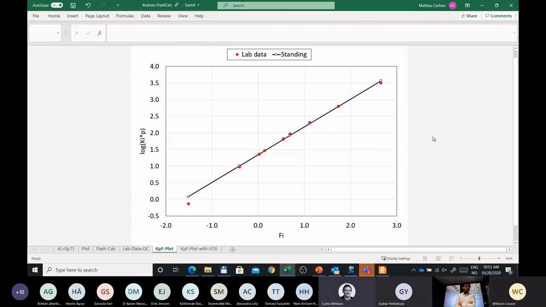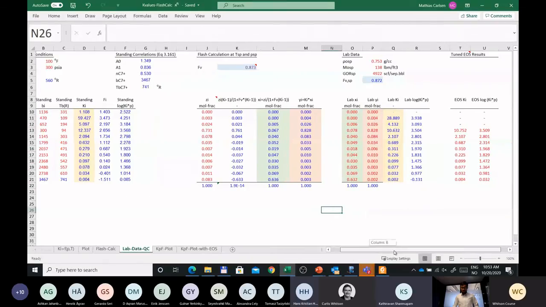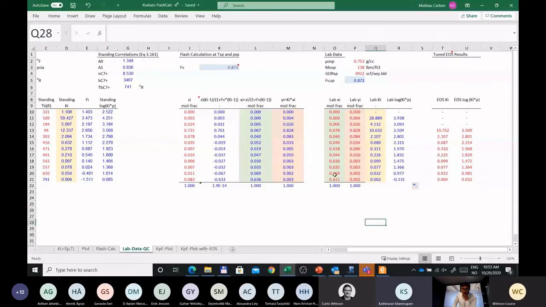I think we have a question. Hello. Yes. Can we go to the previous worksheet? The QC worksheet. So the one which we compared with the laboratory data, right? The C1 in the gas phase, say 82.8, right? So is it from the recombined fluid, or is it in the separator flash combination?